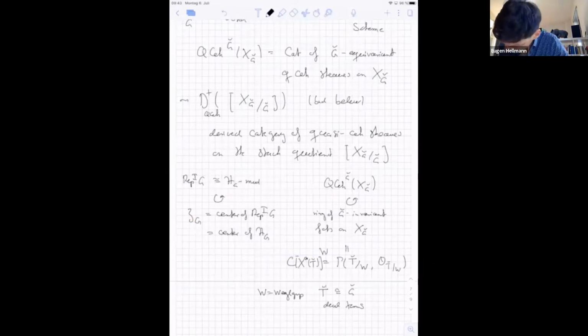Okay, so this is the same thing as C adjoint X lower star of the torus T. So this T-check is a dual torus for T, which by definition just means that these two are the same. And that is maybe a familiar description of the center of the Iwahori-Hecke algebra. So you have the center, the same object acting on both sides.